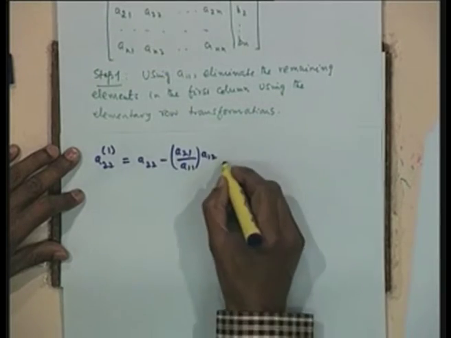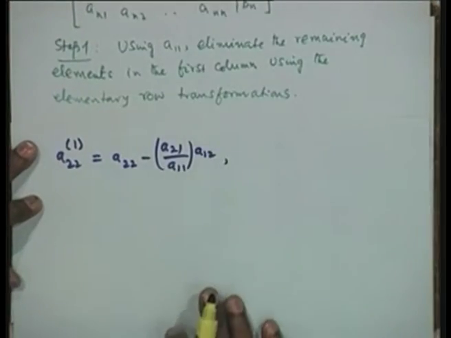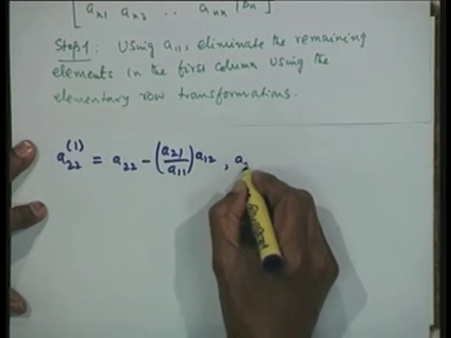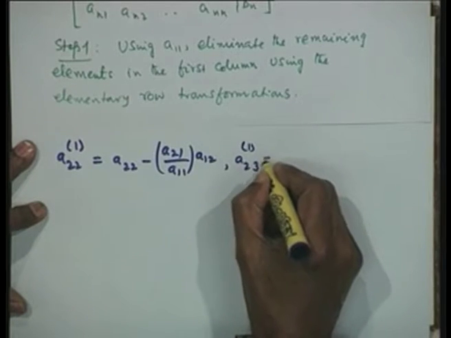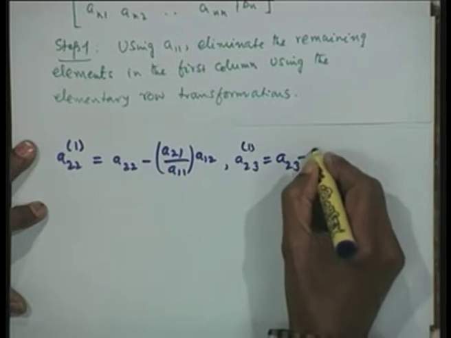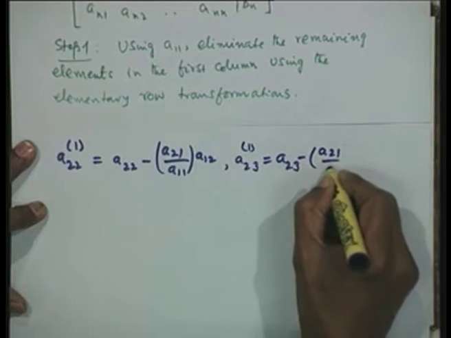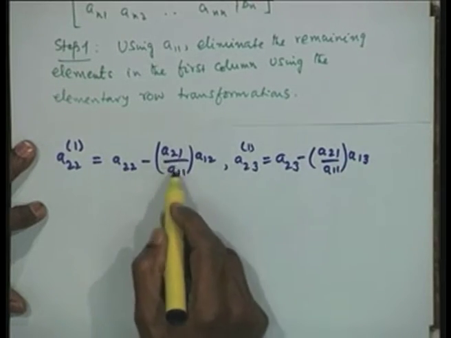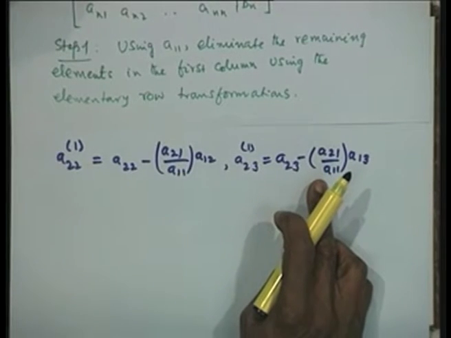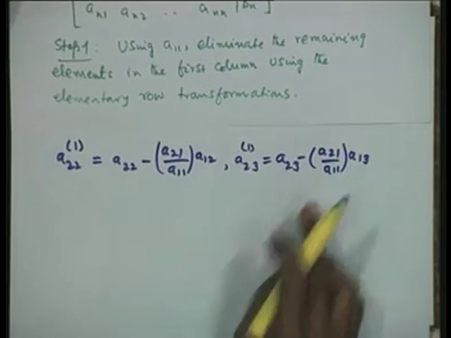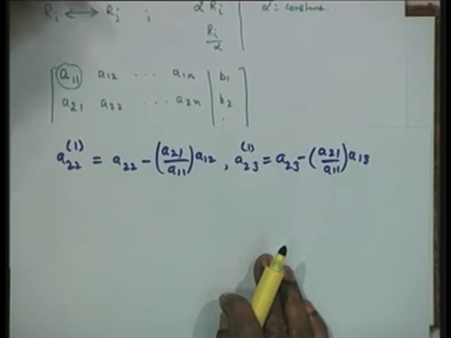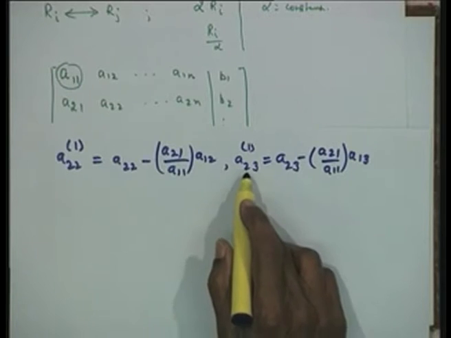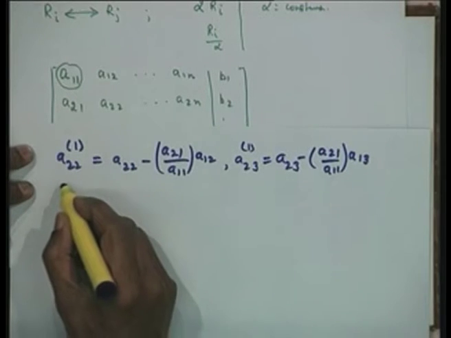Similarly, the next element A23 gets changed as A23 minus A21 upon A11 into A13. So, we are using the same factor A21 by A11, multiplying the next element A13 here, and subtracting from this to get our new element A23, and so on.